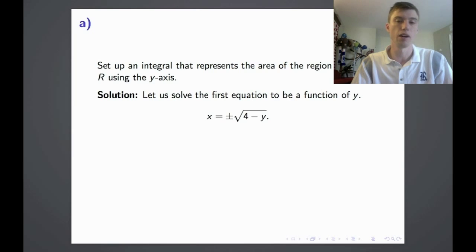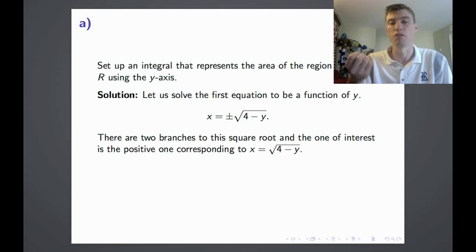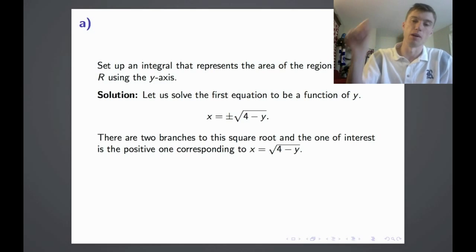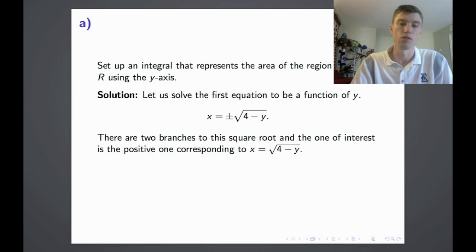So you solve for x, and you get x equals plus or minus the square root of 4 minus y. Now this is actually two functions, one corresponding to the positive root, one corresponding to the negative root. It's our job to identify which branch of the square root we're interested in. And it turns out that we're interested in this positive branch.